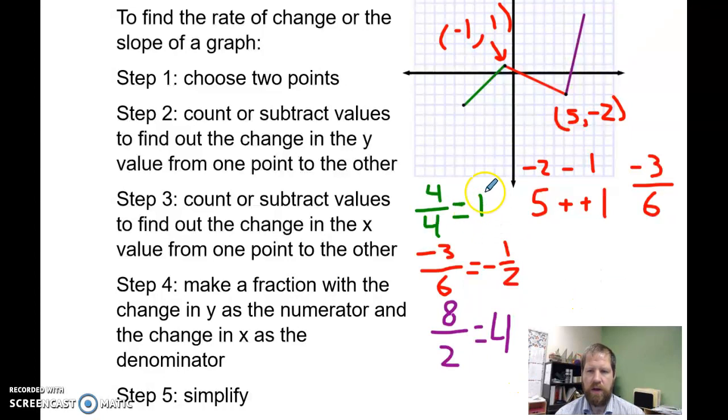Your slopes can be positive whole numbers, they can be fractions, they can be negative, they can be pretty much anything, although we'll look later at a couple special cases for different types of linear equations.